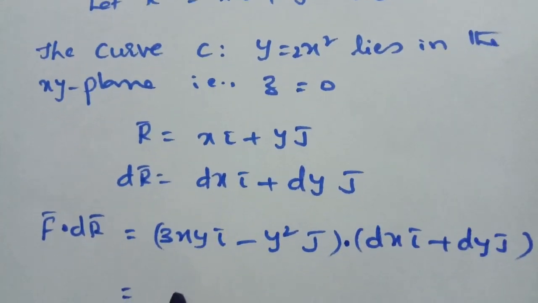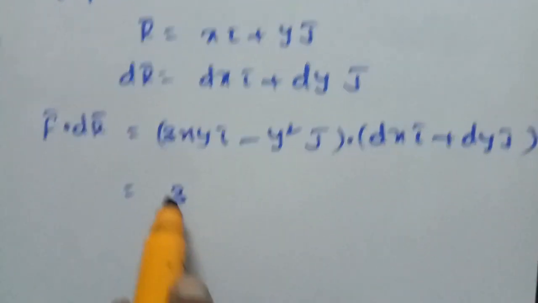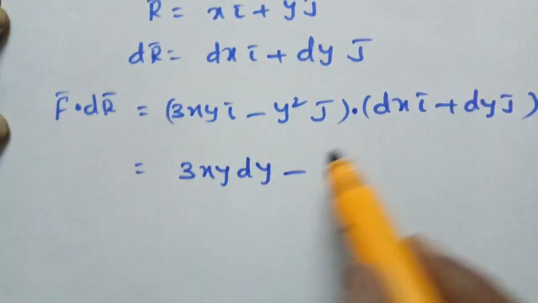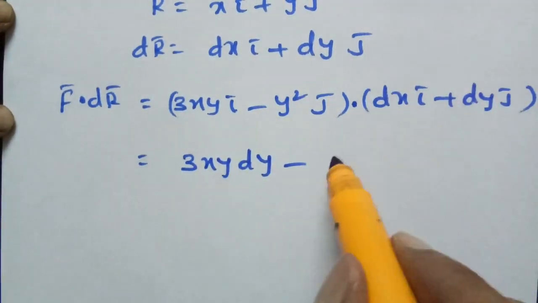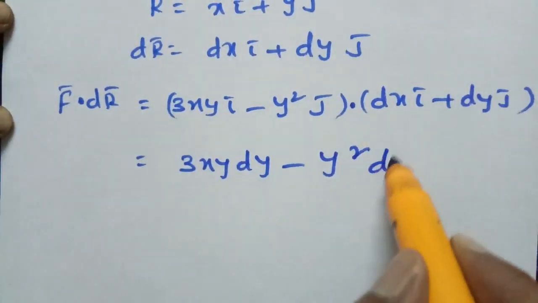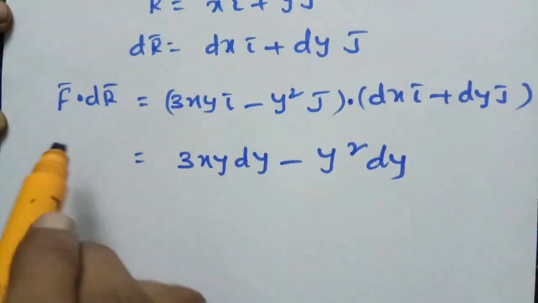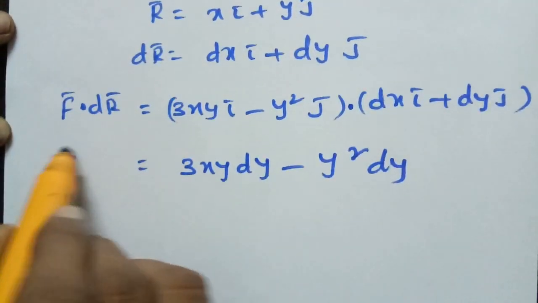This is equal to i bar dot i bar is 1, 3xy into dx, minus j bar dot j bar is 1, y square into dy. This is f bar dot dr bar.